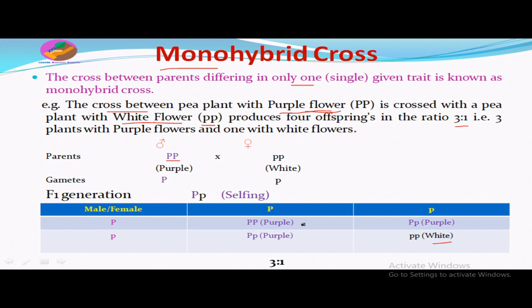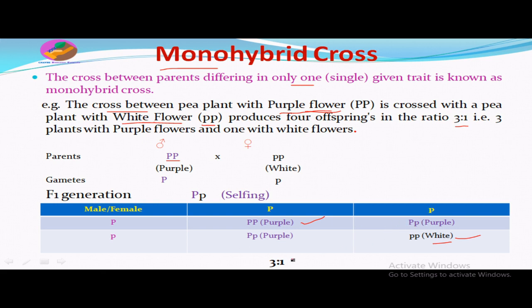You can note that this is a pure line and this is also a pure line, like their original parents, but these two are intermediates, called hybrids. They produce purple colored plants because of the presence of the dominant allele, capital P. Here also, both alleles are present, but only the dominant purple is expressed, and the other is completely masked.